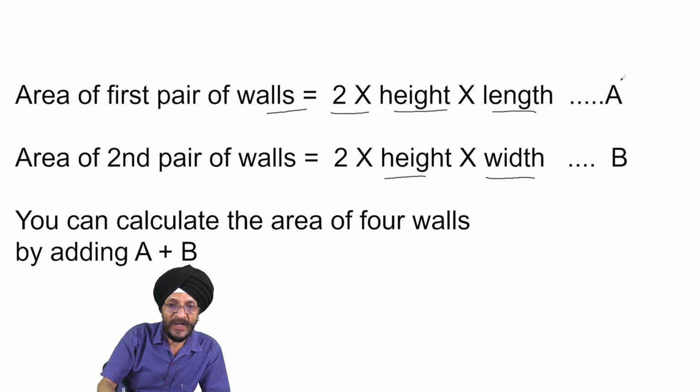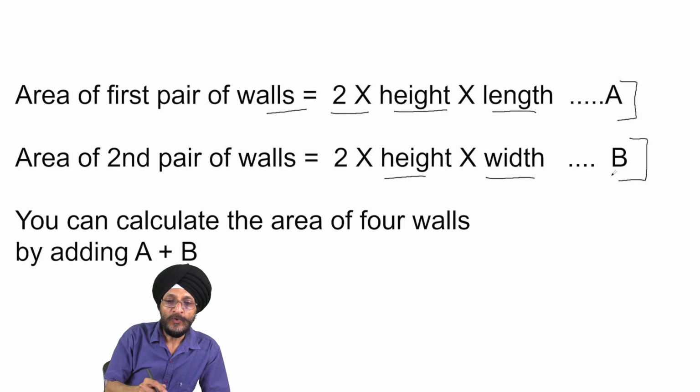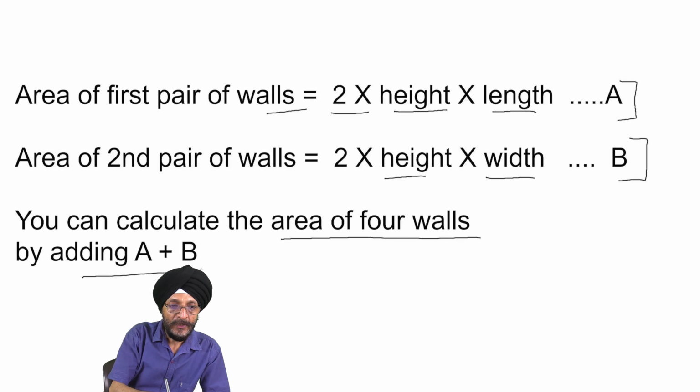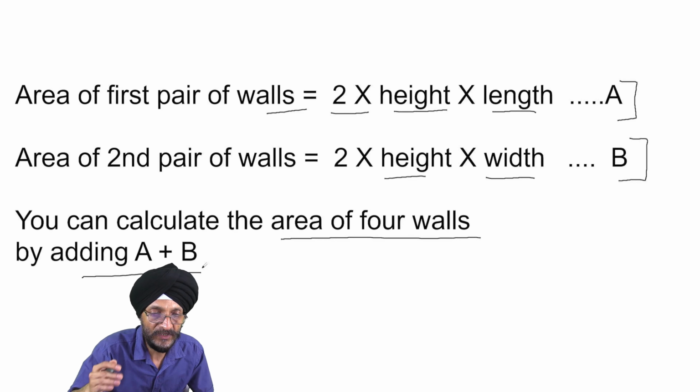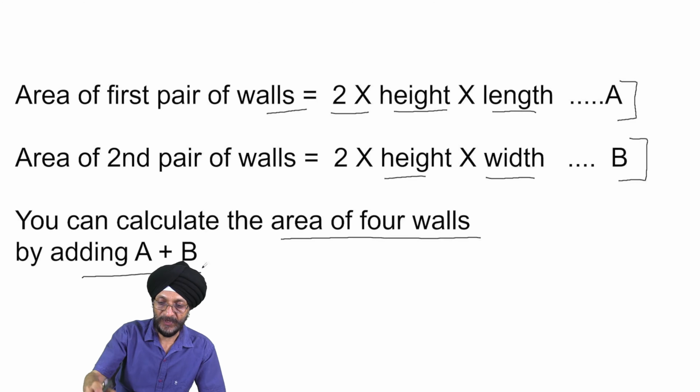So these are the two answers for you, A and B. You can calculate the area of four walls by adding A plus B. A represents the area of the first pair of walls and B represents the area of the second pair of walls. We will try to solve an example.